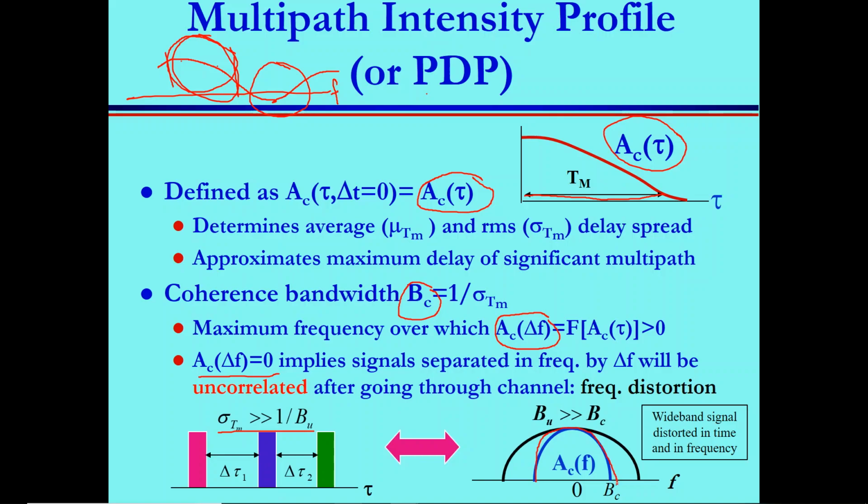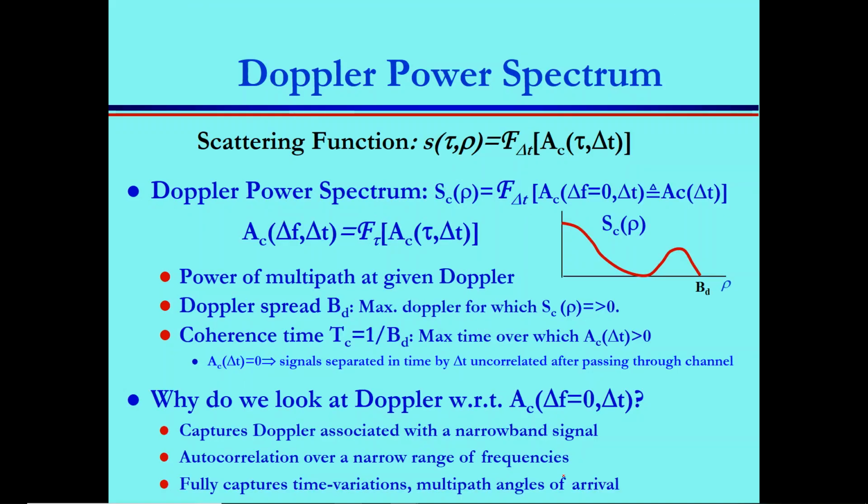This is the coherence bandwidth of your channel, and the black one is the bandwidth of your transmit symbol or signal. Once the bandwidth of your transmit signal is larger than the coherence bandwidth of your channel, you will end up having delay spread, and consequently you will get intersymbol interference that you need to handle at the receiver.